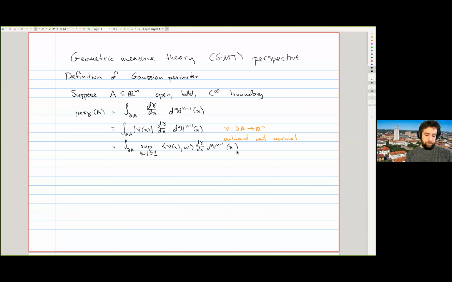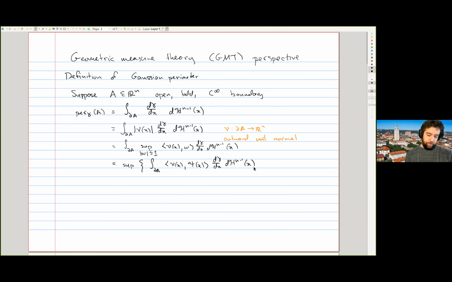A sup over vectors that depend on the point. Okay, so I have the sup of the integral on the boundary of my vector field, of my outer unit normal, let's say, inner product, some vector field against the Gaussian density on the boundary of the set.